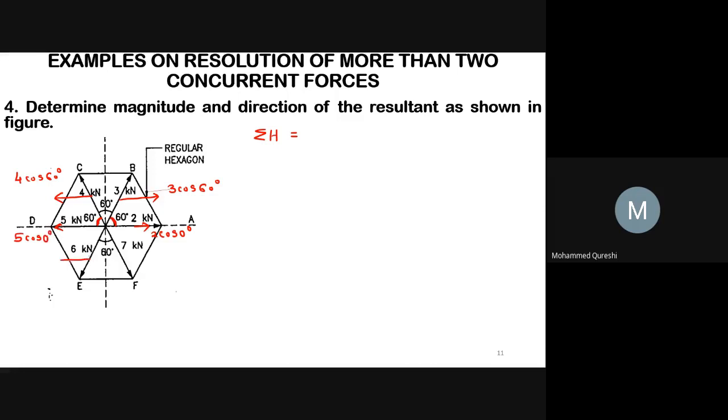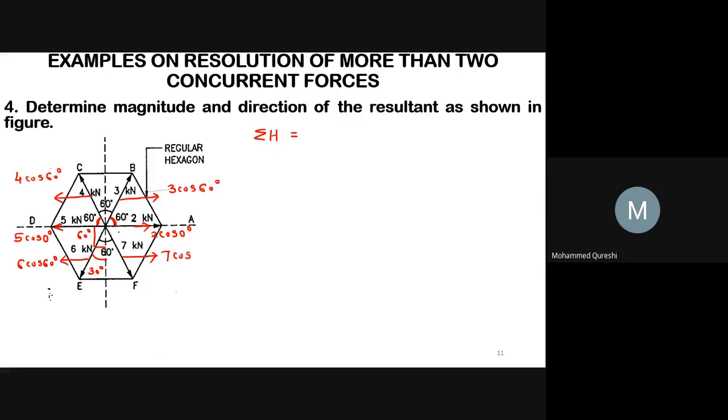Here 6 kilonewton, 6 cos, here the angles are missing, but we know that from here till here we have 90 degree, and in figure it is given that this is 30 degree. So your remaining portion will be 60 degree. So 6 cos 60 degree, and here in case of 7 kilonewton our component will be 7 cos.